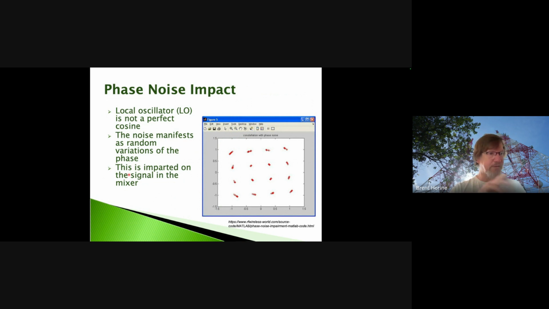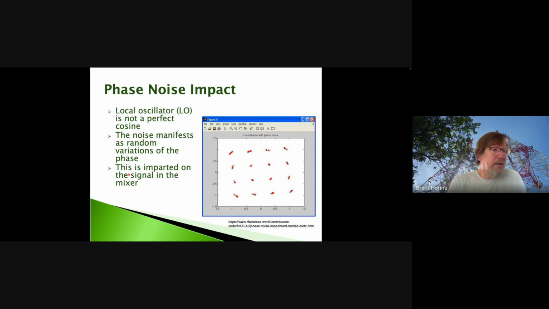Phase and frequency are related through a derivative-integral type process. So if you have a little bit of deviation in frequency, that shows up as phase, and phase is a little more sensitive, and that's why we look at it in that way.